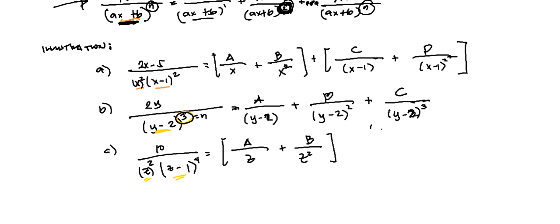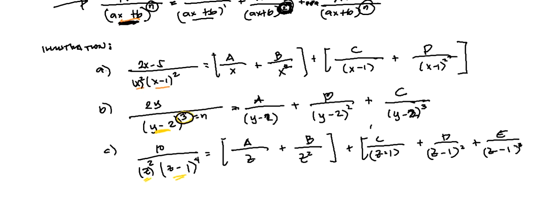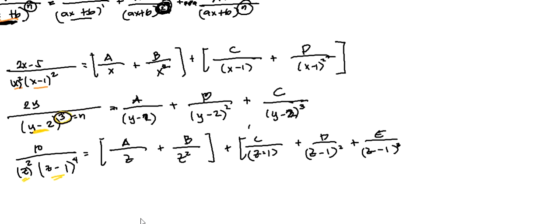But for z minus 1 raised to 4, we need C all over z minus 1 raised to 1 plus D all over z minus 1 raised to 2 plus E all over z minus 1 raised to 3, until we end our equation with z minus 1 raised to 4, because our n here is 4.